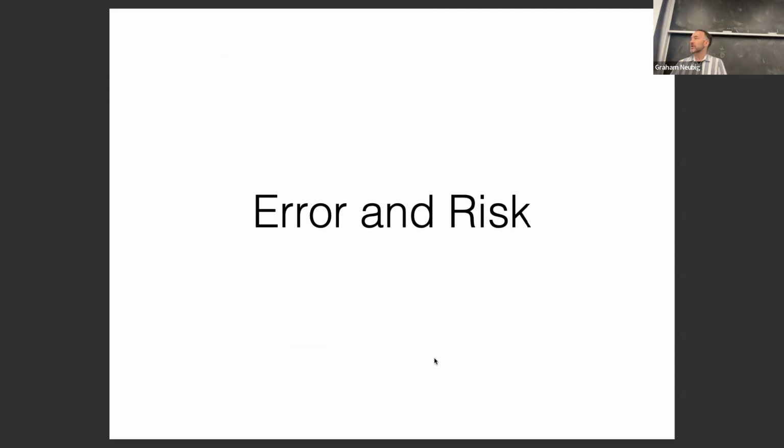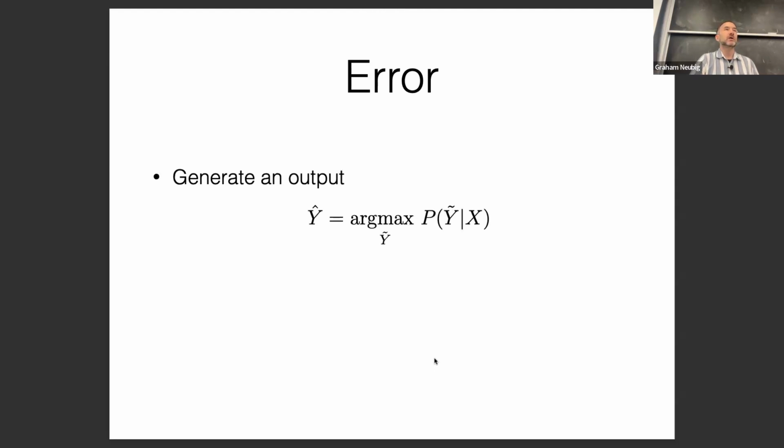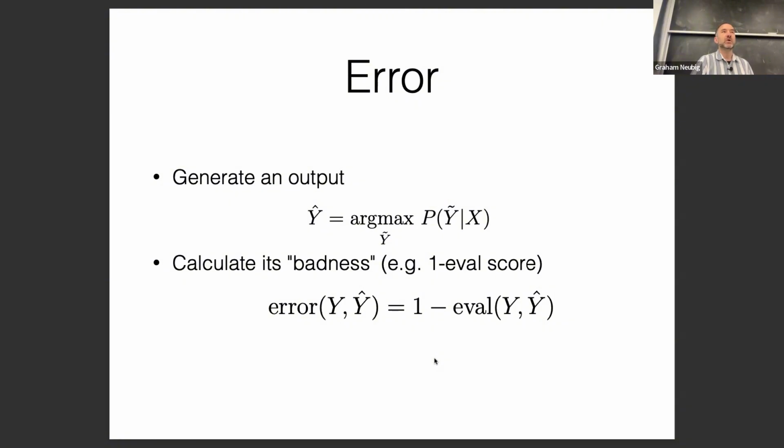Okay, so I've been talking about evaluation. Now I want to switch gears into actually training models to maximize these evaluation metrics. First, I'd like to define a few concepts. The first concept is error. The way we measure this, specifically from the point of view of some variety of text generation, is we generate an output and we calculate its badness.